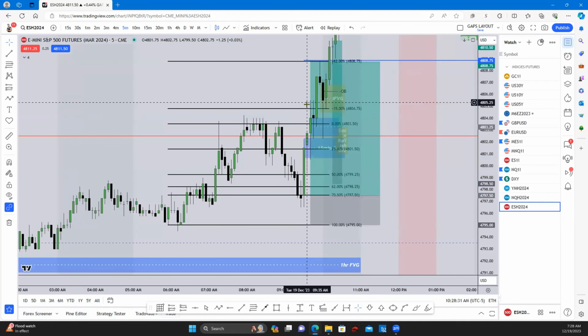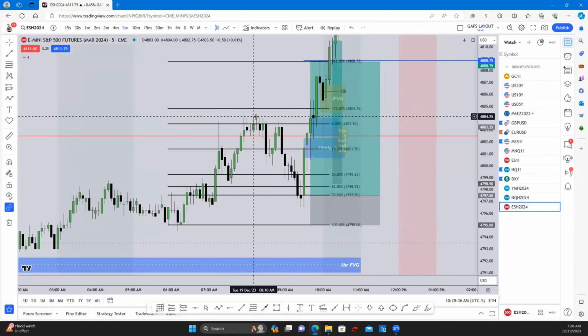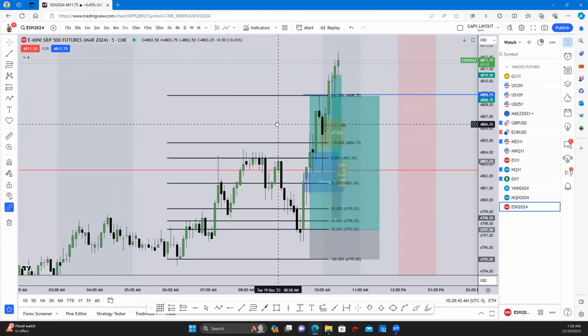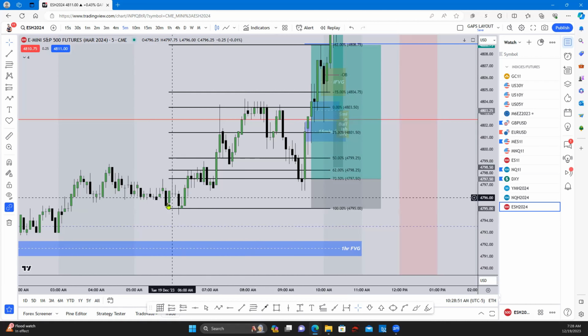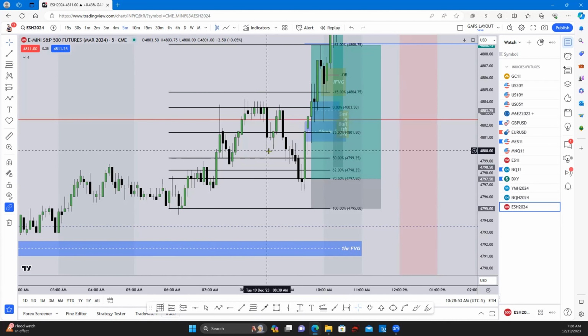Low hanging fruit would be the 15% level or zero, taking out these equal highs. But if you want to be a holder, 62% level. So go back and backtest this. Yeah, I'm serious. I've been noticing it almost every day. It makes me want to get up earlier.